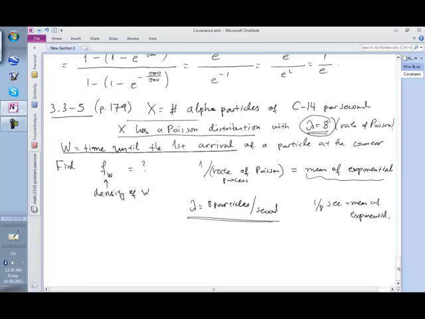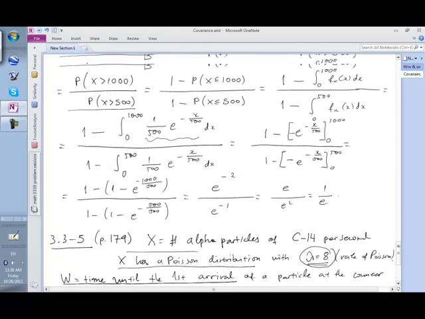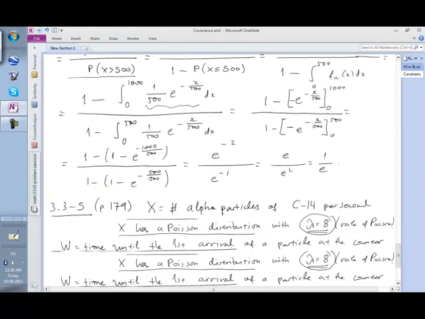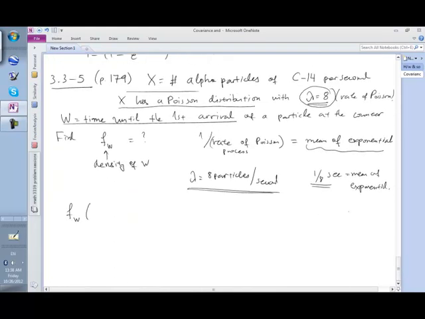So what shall we put here for f of W? Let's look at the exponential again. The mean is 1 over A, and this 1 over A is 1/8 of a second. So what does A have to be? A has to be equal to 8.